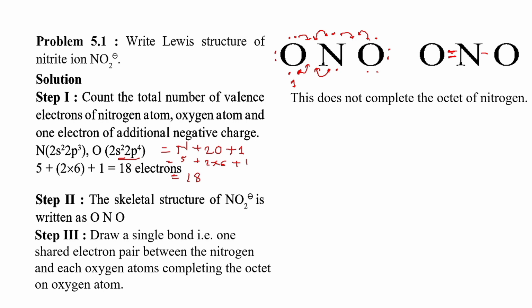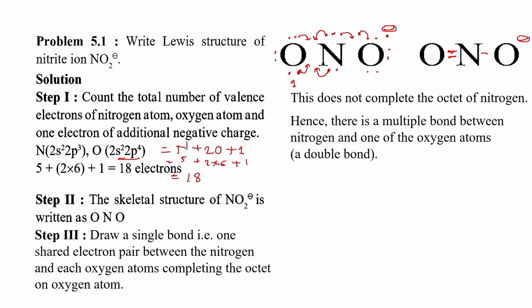An additional electron comes in the form of the negative charge. So the octet is completed. Hence there is a multiple bond between nitrogen and one of the oxygen atoms, meaning a double bond, in which the first bond is the sigma bond and the second bond is the pi bond.